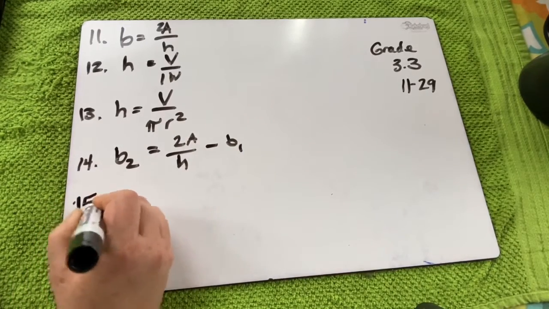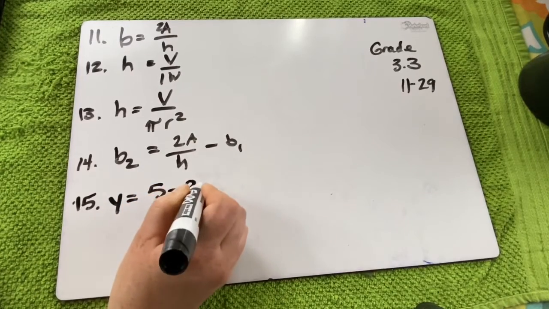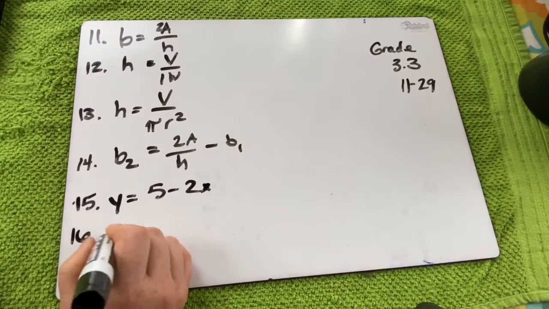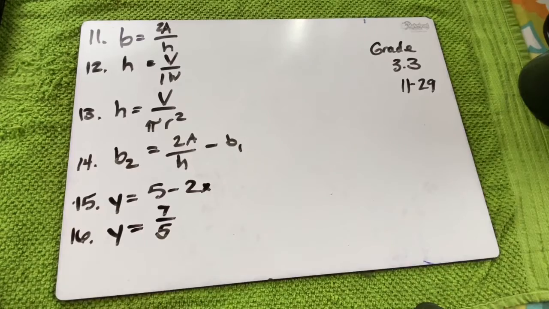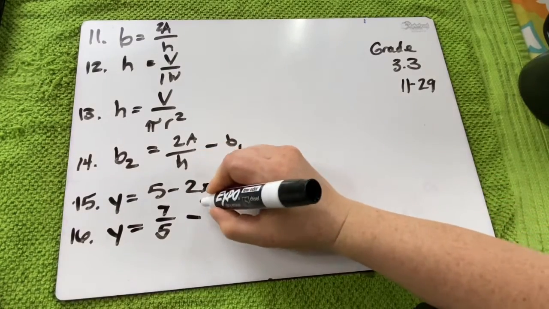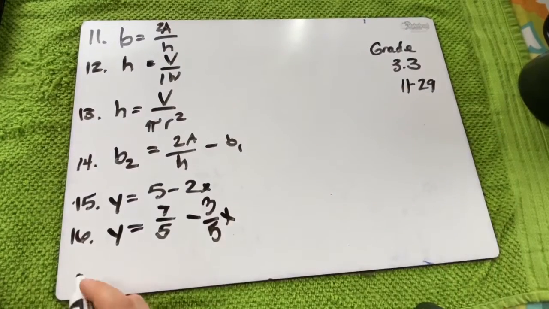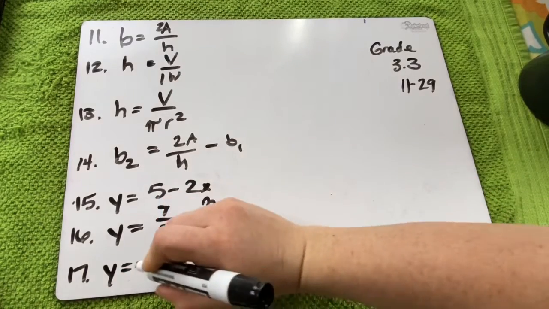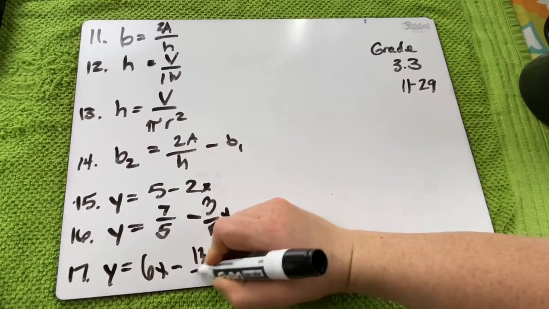15, Y equals 5 minus 2X. 16, Y equals 7/5 minus 3/5 X. 17, Y equals, sorry, I can't write right there, 6X minus 13 over 2.